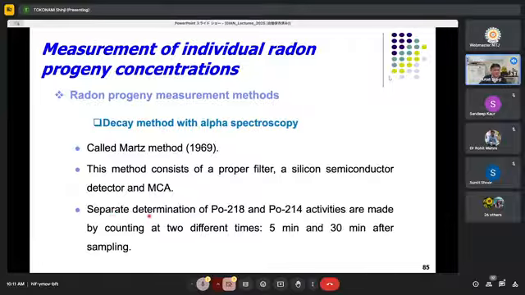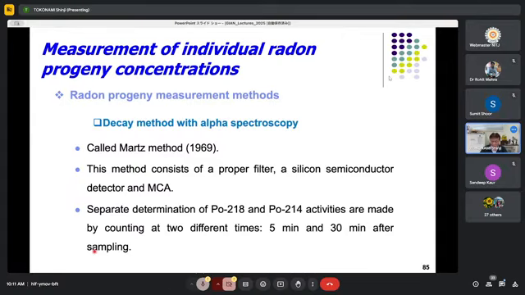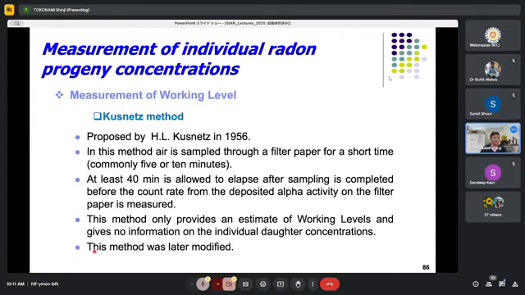Separate determination of polonium-218 and polonium-214 activities are made by counting at 2 different times, namely 5 minutes and 30 minutes after sampling. This is for measurement of working level.